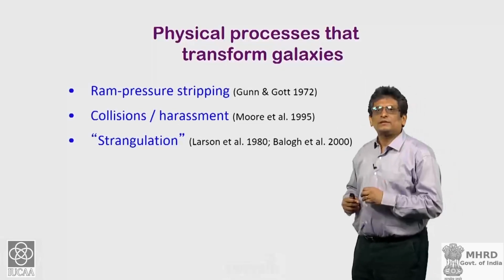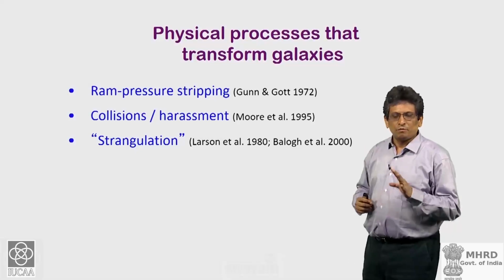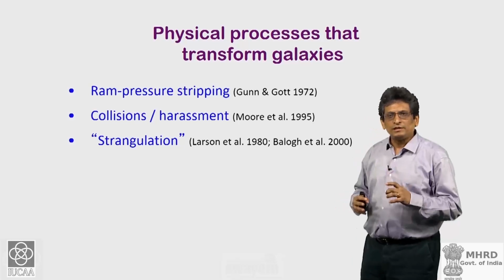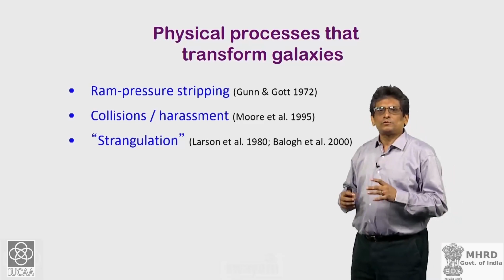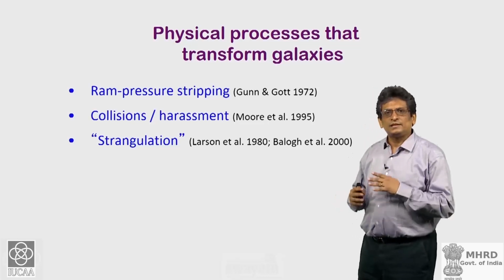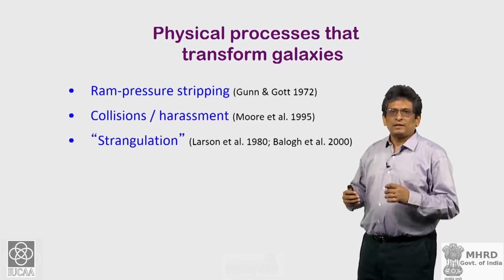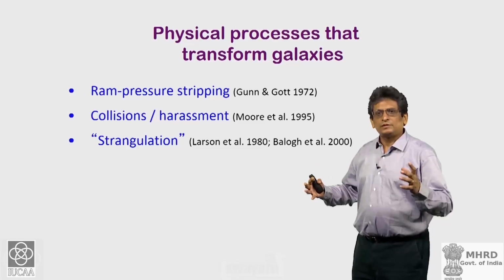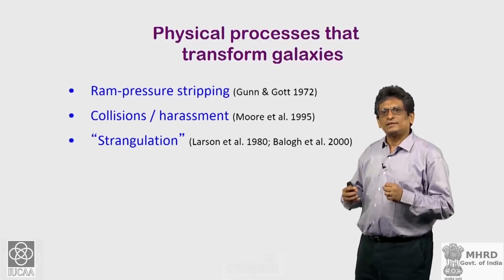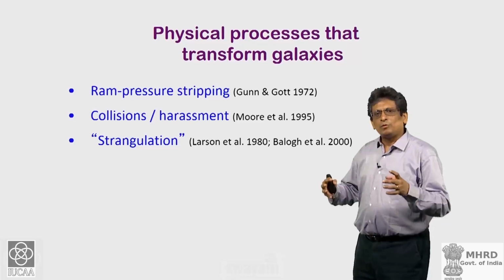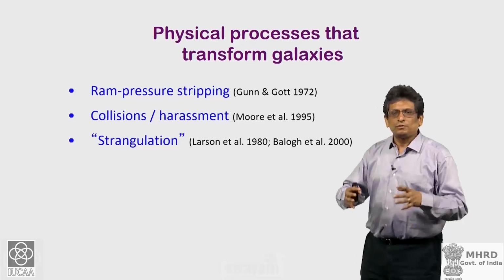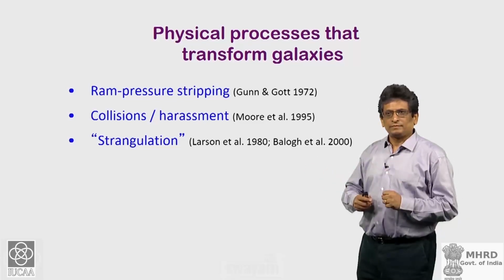We can look at the various physical processes that we know now that transform galaxies. We know a lot of these from theory. Also, early simulations done in the 1970s, 80s and 90s showed us how the dark matter component of the galaxy, and the stars and the dust and the gas that's in the galaxy, will change as they age and also as they interact with each other.